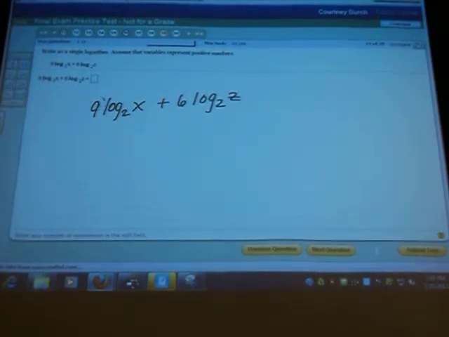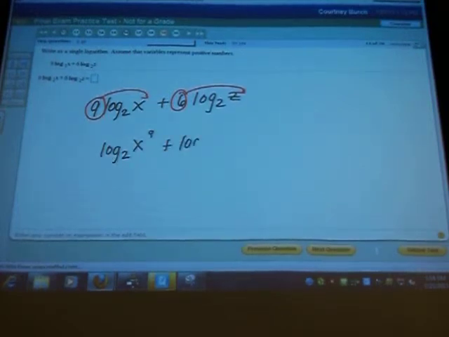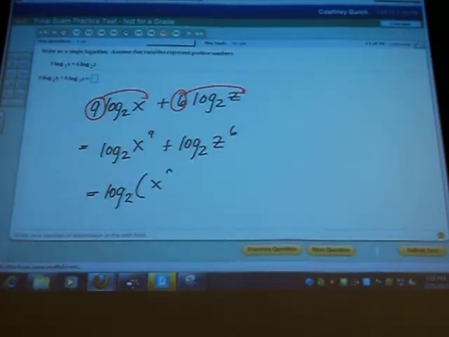Coefficients become powers. I have log base 2 of x to the 9th plus log base 2 of z to the 6th. Then combine them into multiplication. So I have x to the 9th times z to the 6th.